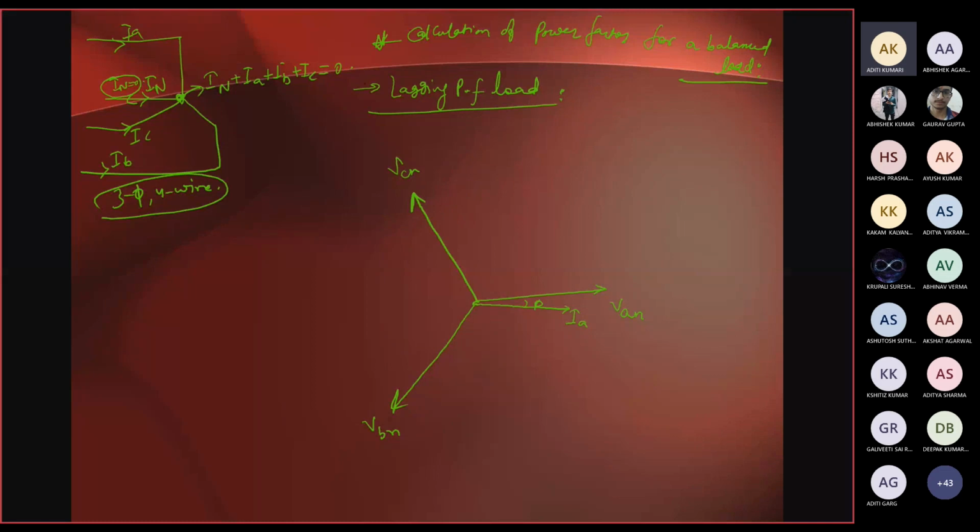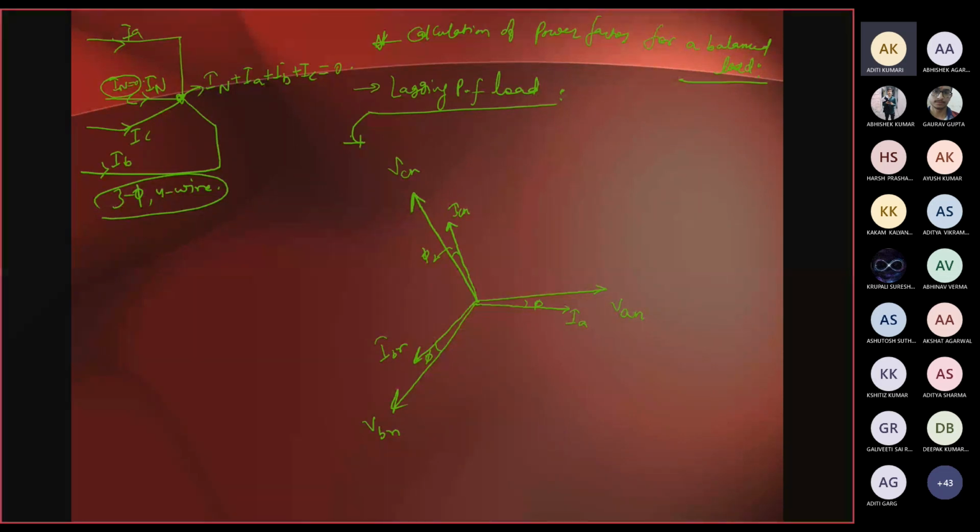Similarly this will be your ICN, same angle, because we have considered a balanced condition, and here it will be IBN. This is again phi, right? So this is for a lagging power factor. You please note down that this phasor diagram we are drawing for a lagging power factor load.